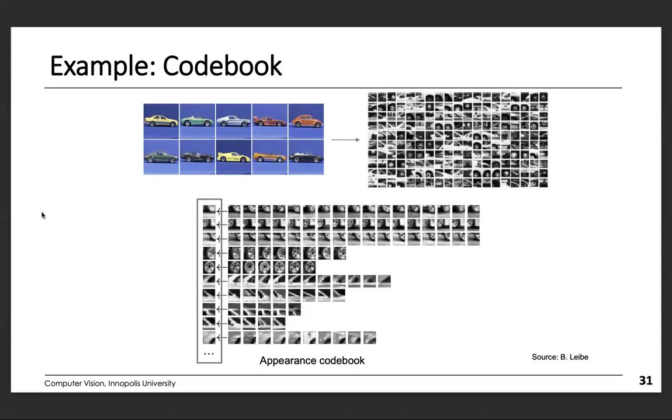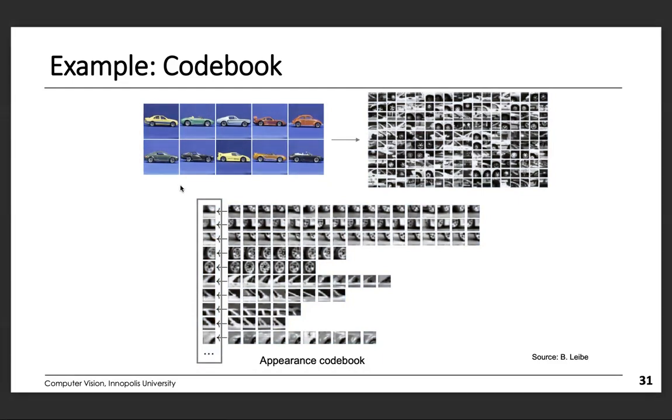Again, you will use some sort of edge detection technique or corner detection technique to find the interesting locations in the image. And for each one of these interesting locations inside the image, you will compare it with these different words. So these are the words in our vocabulary.